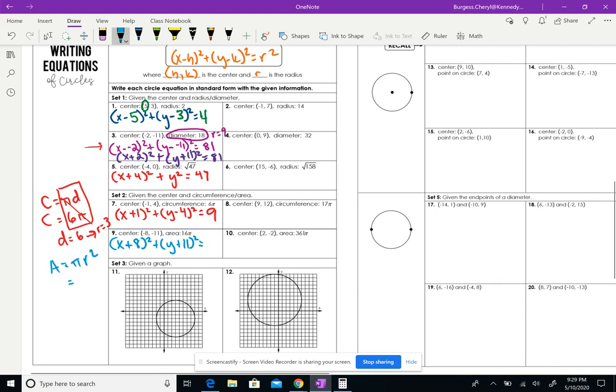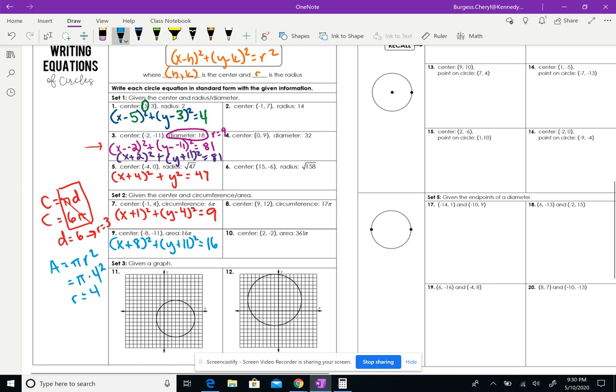So that is, area is 16, which is 4 squared, right? So that's pi times 4 squared. Okay, so what's my radius? Radius is 4. So 4 squared is 16.